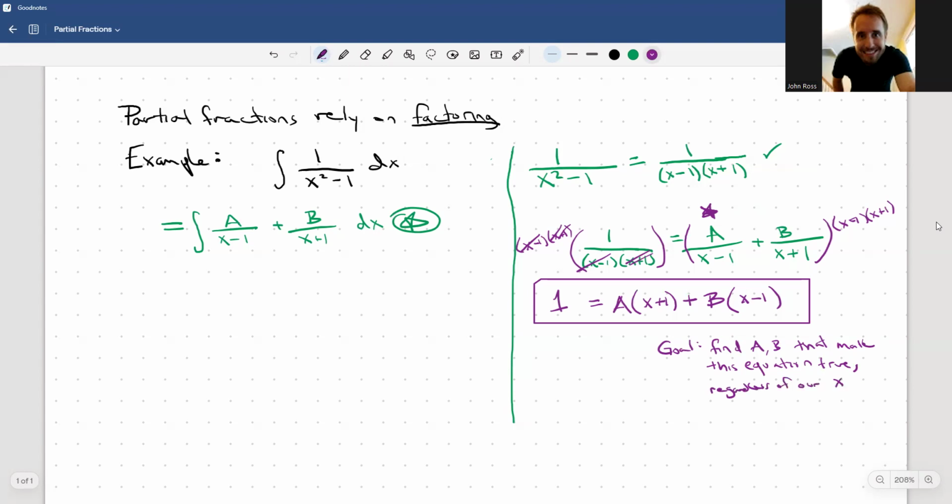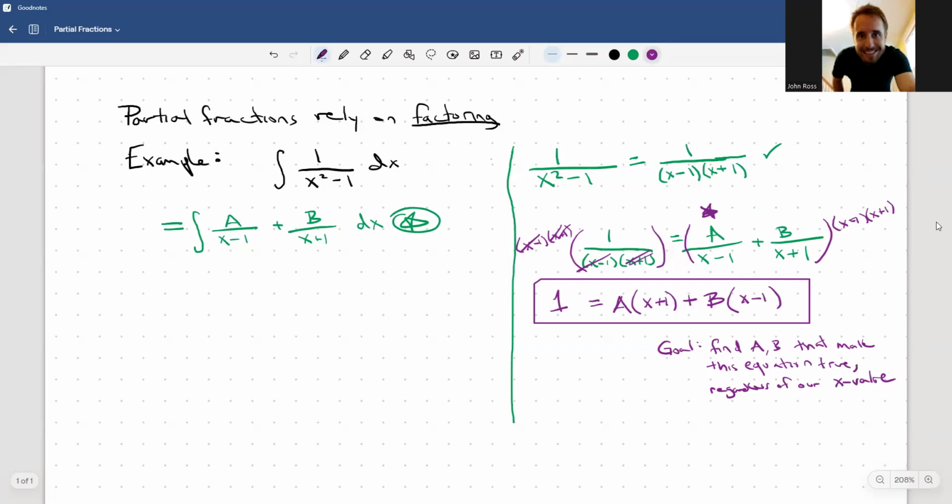In other words, we want this equation to be true for every single possible value of x. That's what would make these two functions equivalent, or that's what would allow us to rewrite this function, if these expressions are equal to each other for every single value of x.